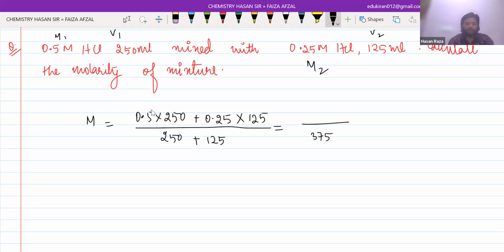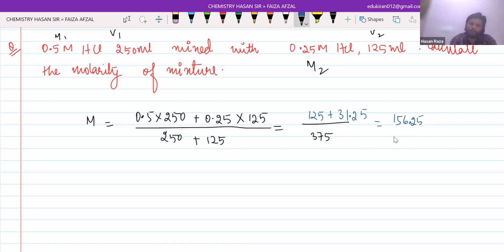If you multiply 0.5 into 250, it will be 125, plus 0.25 into 125, it will be 31.25, and if you add this, it will be 156.25.